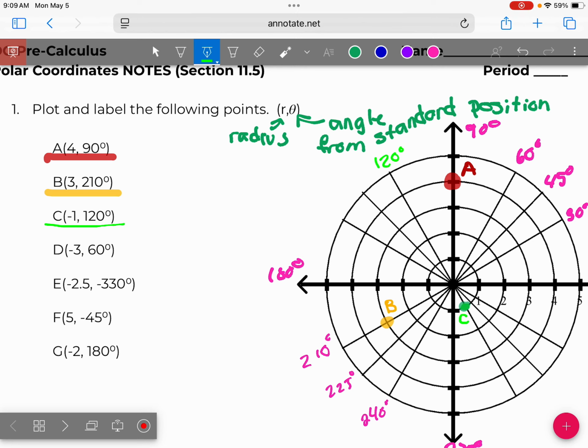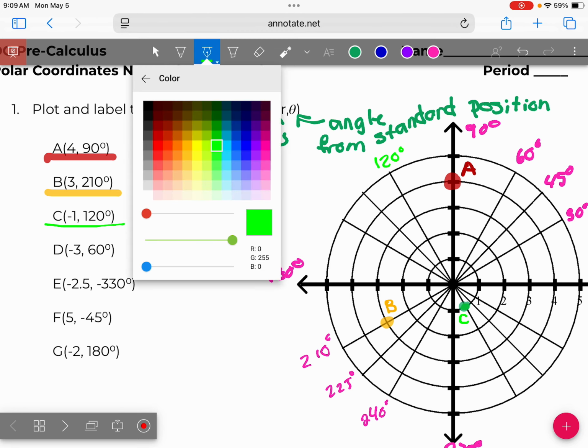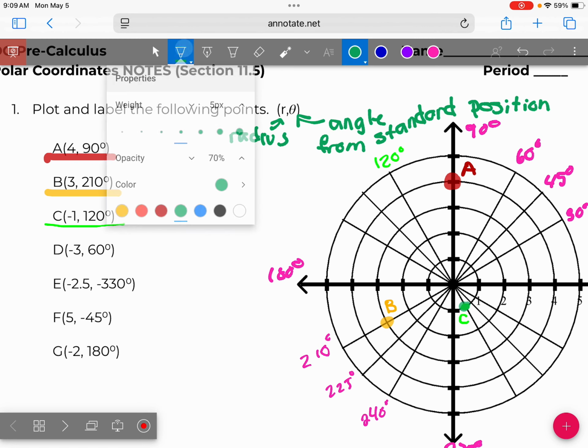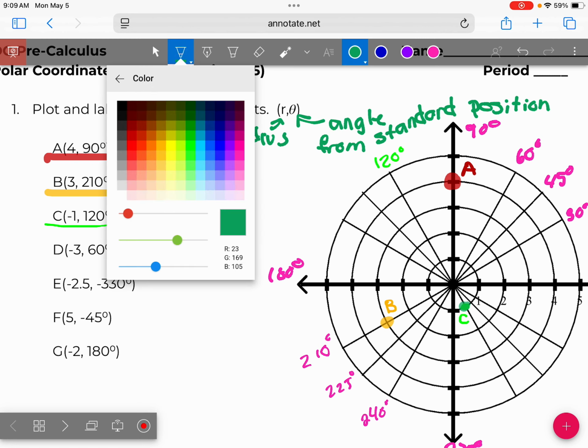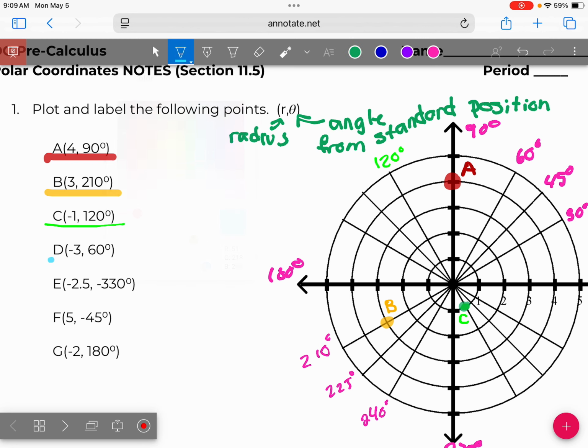Okay, very similar vibe for point D. We're going to look for (-3, 60). 60 degrees, we know that one, that's this guy right here. If I had radius 1, it would be here, radius 2 here, radius 3 here, 4, 5.